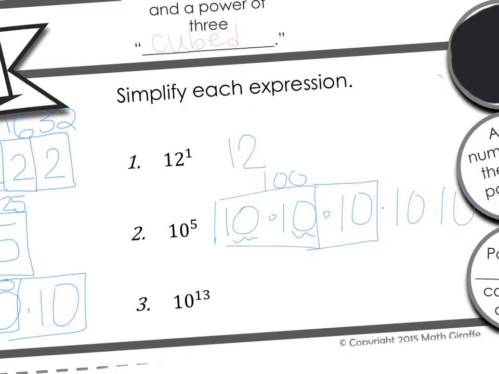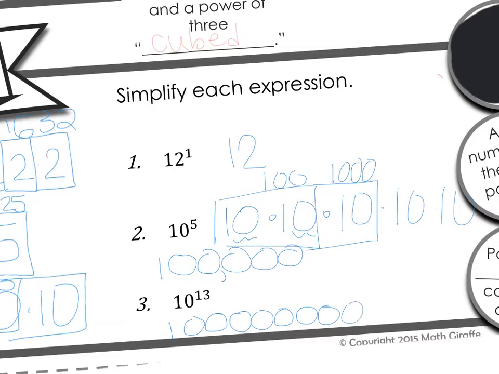So now I've got another one. So now I just collect one more zero. So another way that I could think of that is I'm going to have one with 5 zeros. So that would be 100,000. So 10 to the 13th, holy moly, that's 1 with how many zeros? 13. 1, 2, 3, 4, 5, 6, 7, 8, 9, 10, 11, 12, 13. That is a big old number.